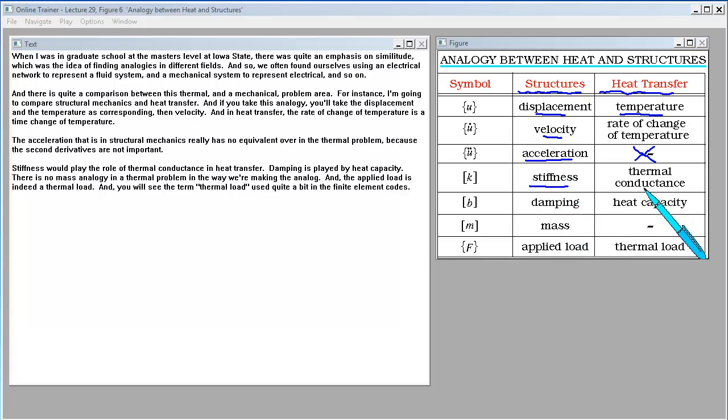Stiffness would play the role of thermal conductance in heat transfer. Damping is played by heat capacity. There is no mass analogy in the thermal problem in the way we're making the analog. And the applied load is indeed a thermal load. And you will see the term thermal load used quite a bit in the finite element codes.